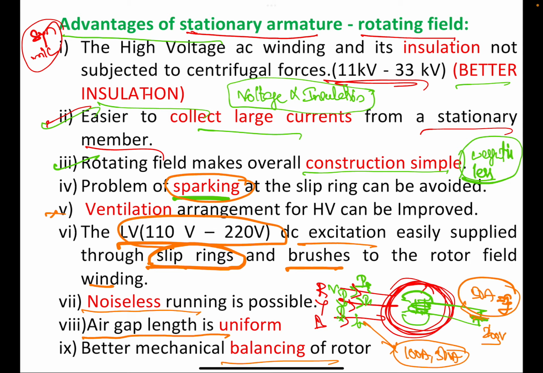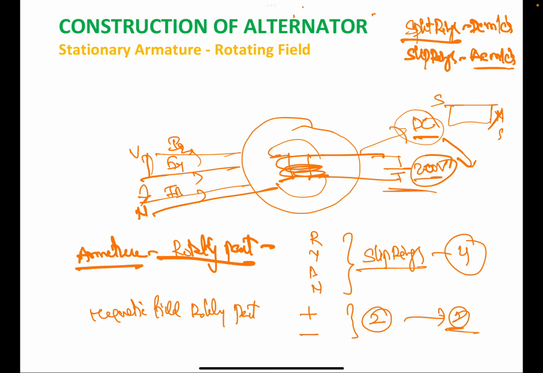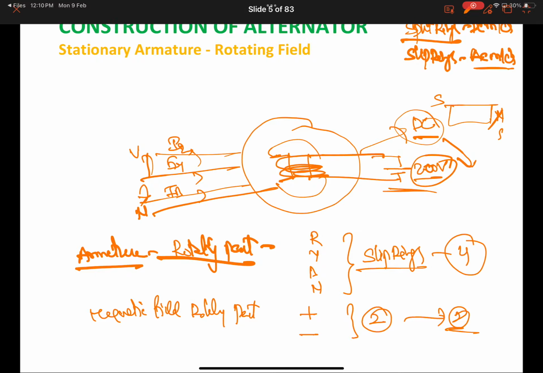So if I keep the low weight rotor in the middle as the rotating part, the mechanical balancing is also good. Ultimately all these motors and machines will be operating 24 hours a day continuously. So we need them to operate with good mechanical balance.